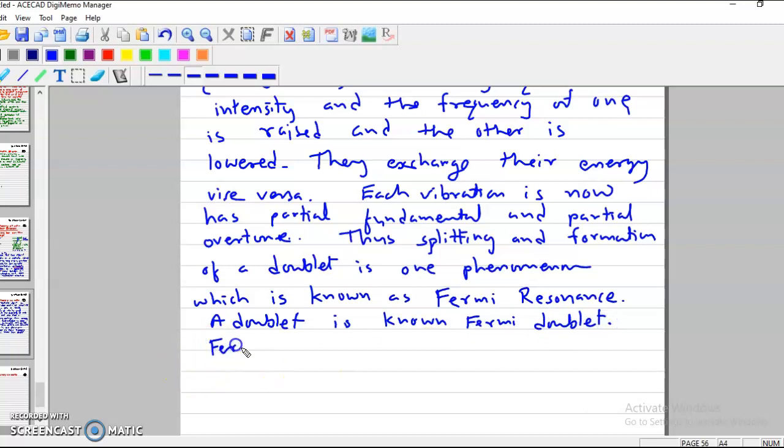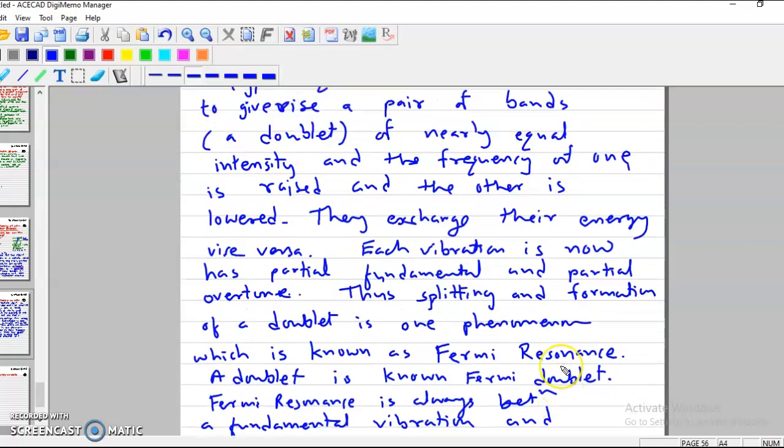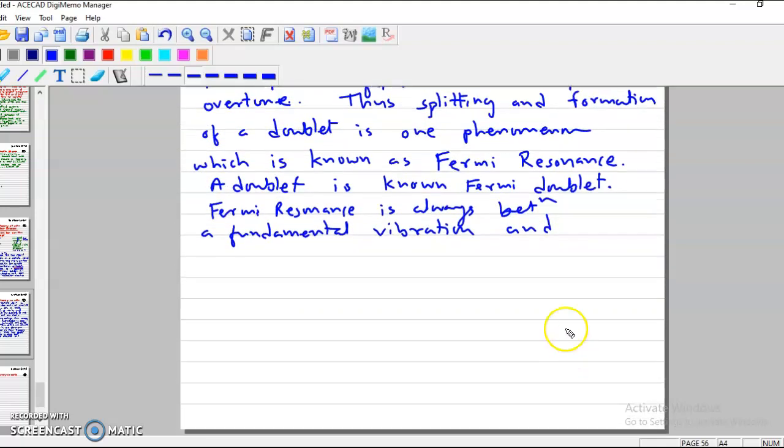Fermi resonance is always between a fundamental vibration and one overtone or combination vibration.